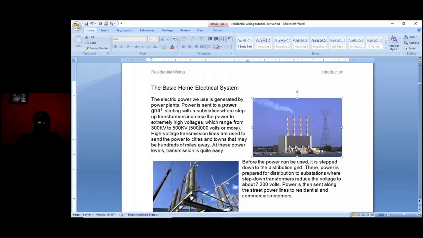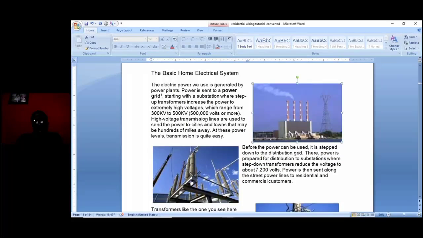You understand? High voltage transmission lines are used to send the power to cities and towns that may be hundreds of miles away, like all these transmission lines.